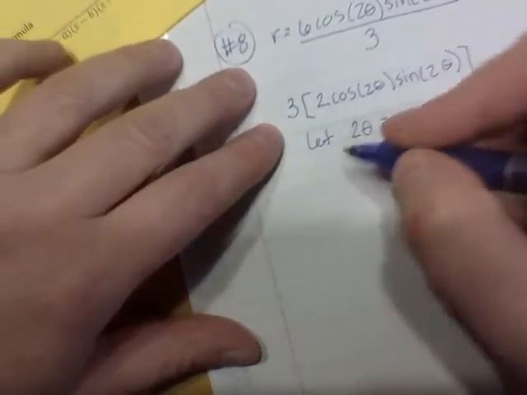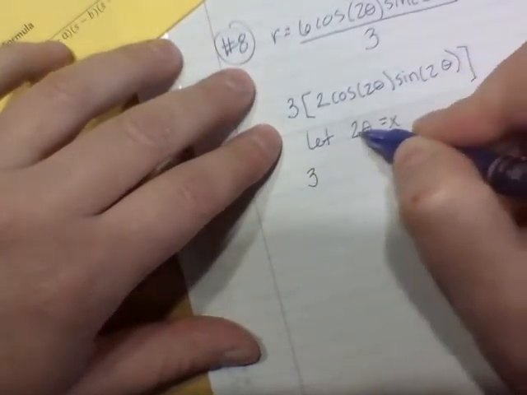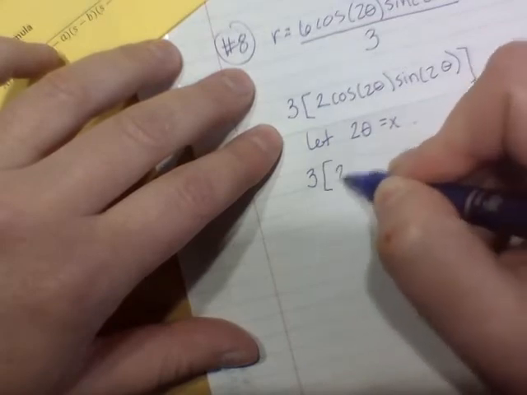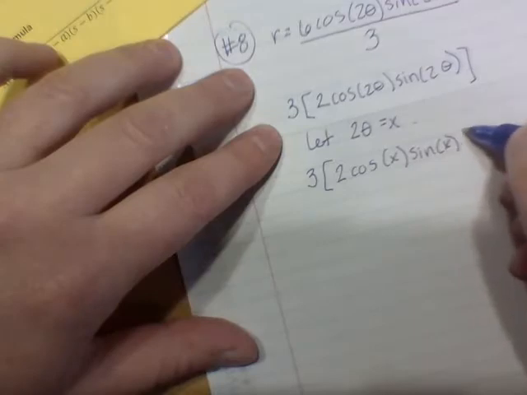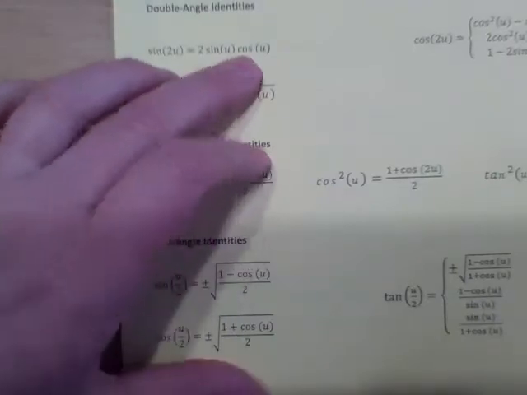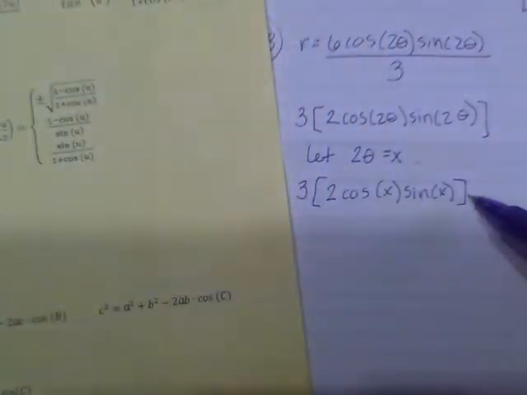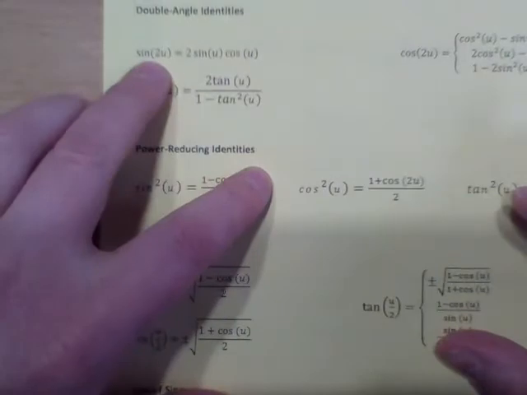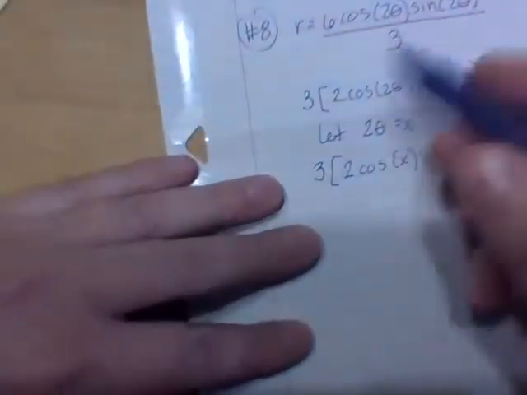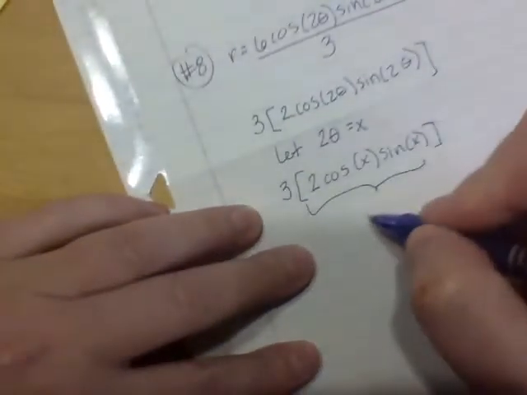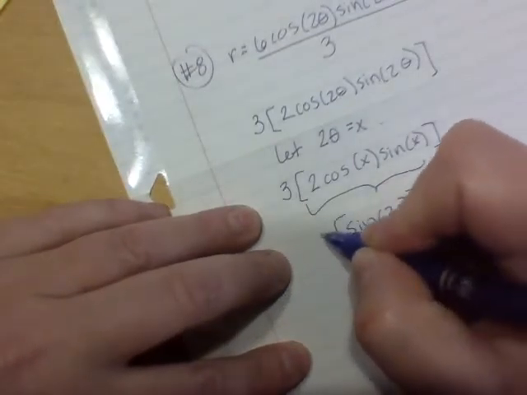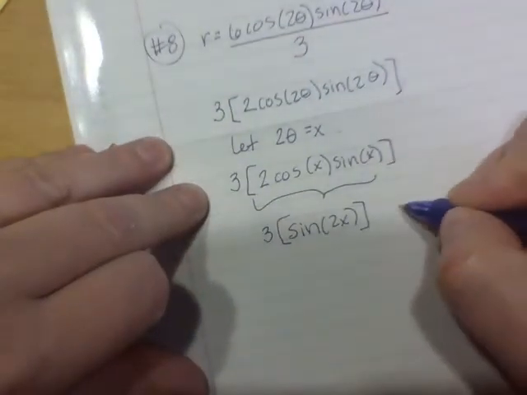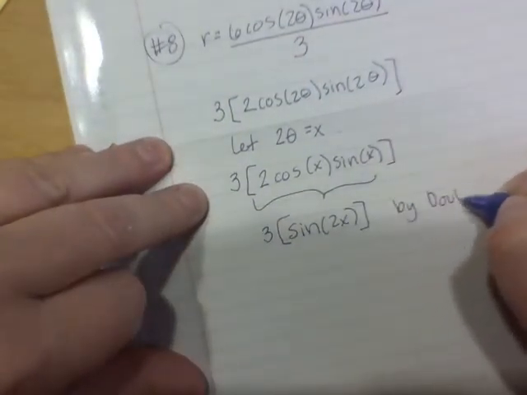So if I rewrite this so that every time there's a 2 theta, I have an x instead, I can see that it very much references this formula here. And so I can say that this thing that I just got in these box brackets is actually sine of 2x. So this entire thing is going to be sine of 2x. And that's by your double angle identity.